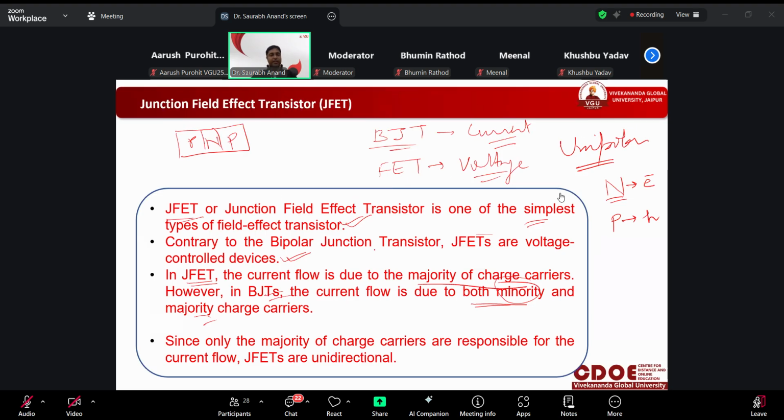But in case of JFET, we talk only about majority charge carriers, not minority. Since only majority charge carriers are responsible for the flow, it is unidirectional. It will not be bidirectional. It will flow in one direction only, not in both.